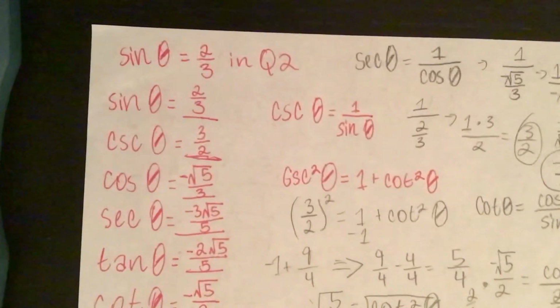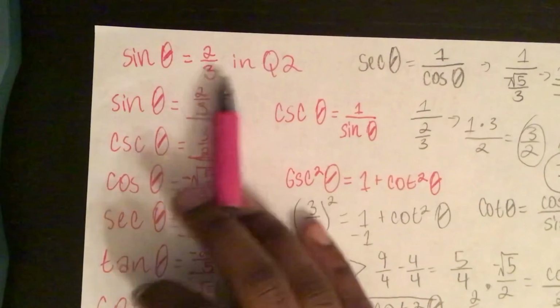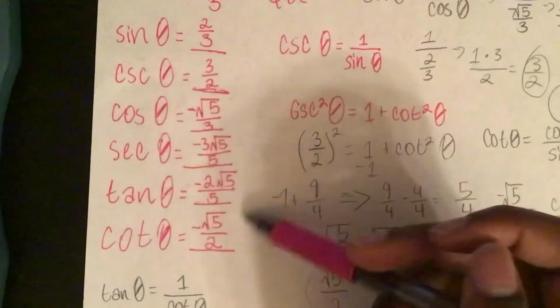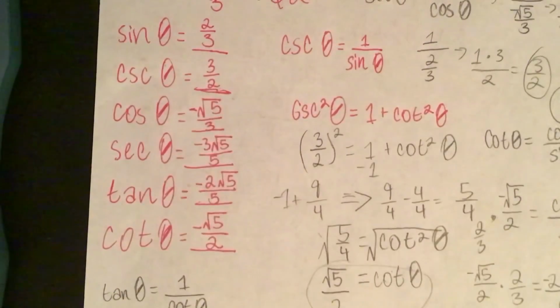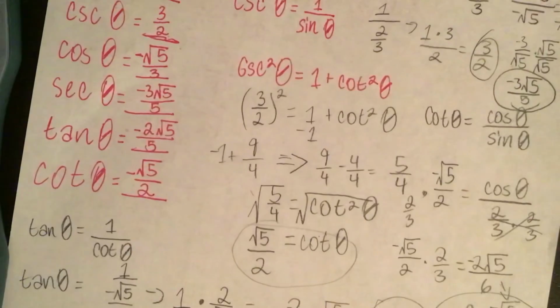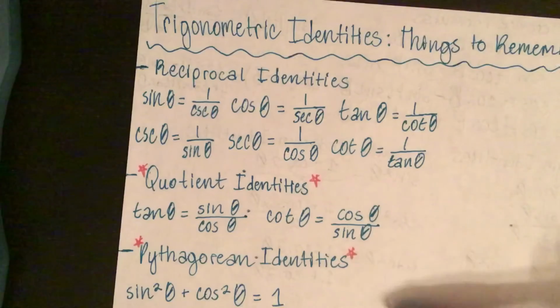So it's kind of crazy how just by knowing 2 things, just by knowing a value and its location, we're able to find all of these. That's kind of a wow factor. Pre-cal is crazy like that. So moral of the story is you are going to have to get deep and personal with these trigonometric identities, and you are going to have to know every bit of them.